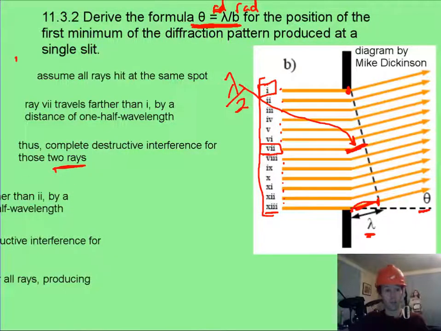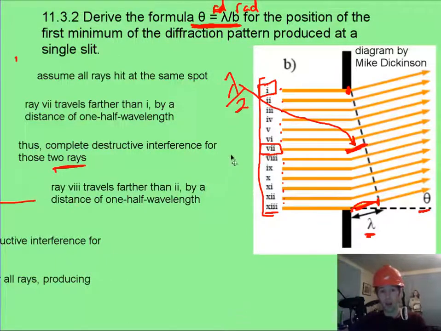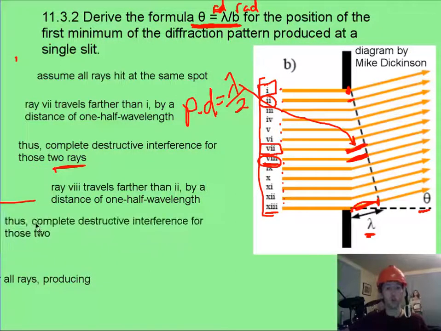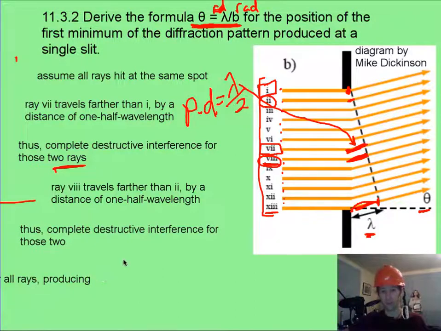Now, let's look at two other rays. Let me drag this on here. Let's look at ray 8 and ray 2. We're going to have the same thing going on. This one has to go a little bit farther, but ray 8 has to go significantly farther, and they're out of phase again with a path difference of lambda over 2. And so these two waves will completely destroy each other with destructive interference.